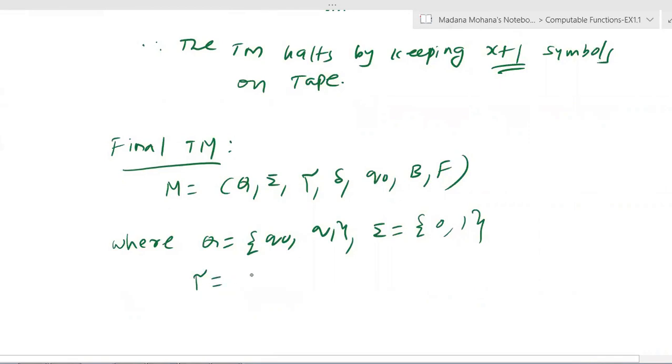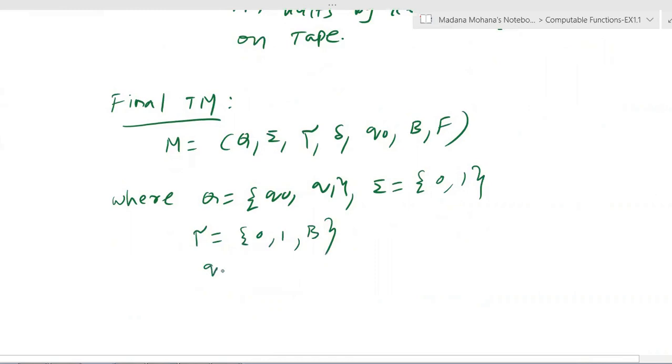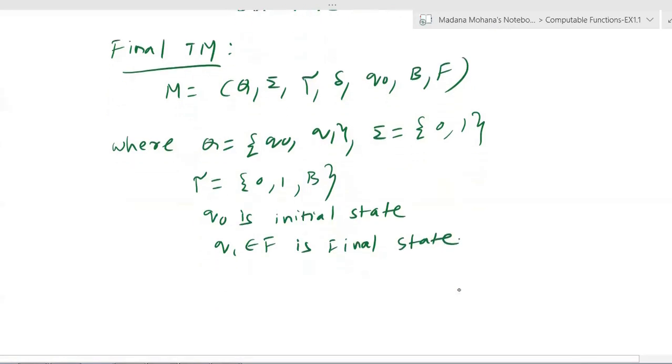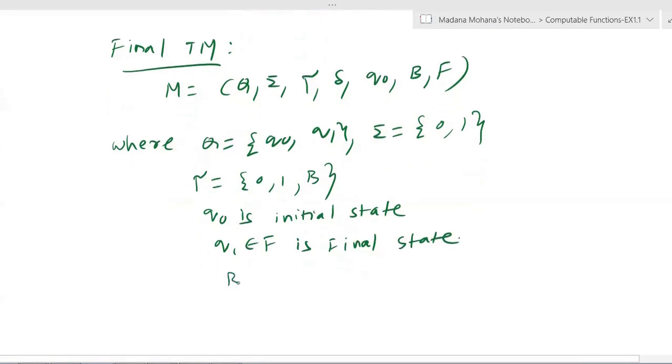Then tau equals, you can take all 0, 1. Then blank also we have to consider. Then q naught is the initial state. Then q1 belongs to F, the final or accepting state, and B, which belongs to tau, is the blank symbol.